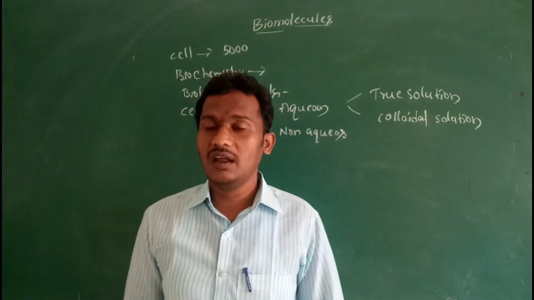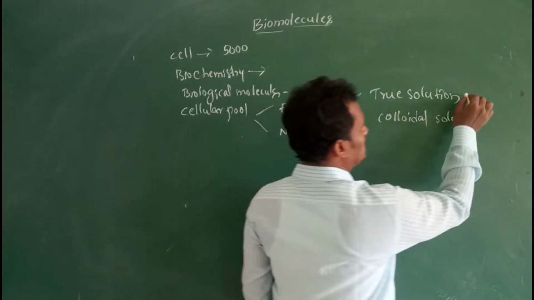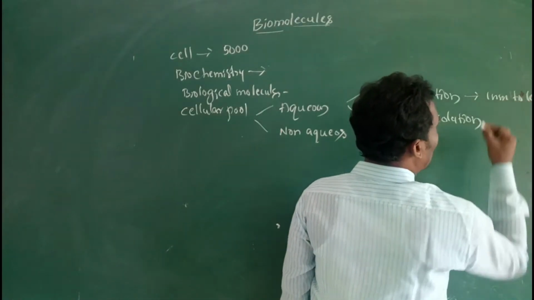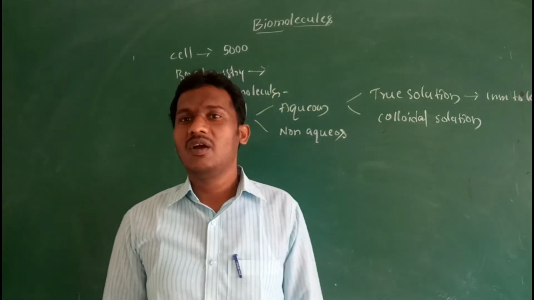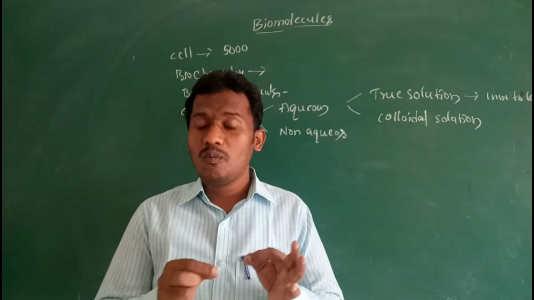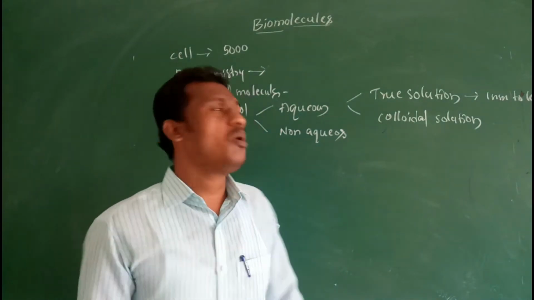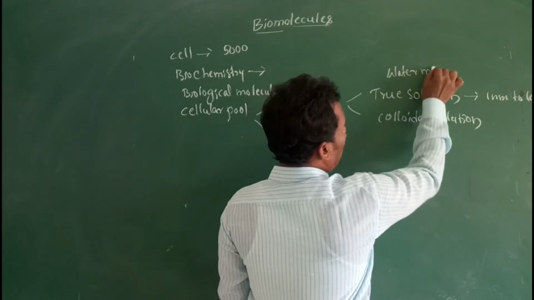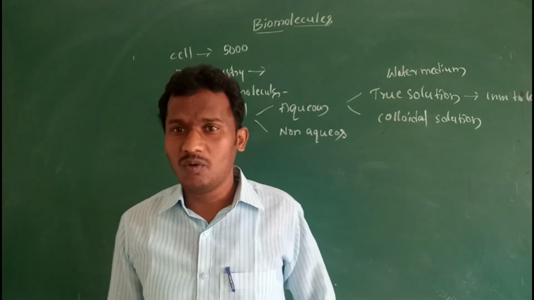In a true solution, all homogeneous substances are present. These substances are approximately 1 nanometer or less than 1 nanometer in size. These homogeneous substances are dispersed or dissolved in a water medium.